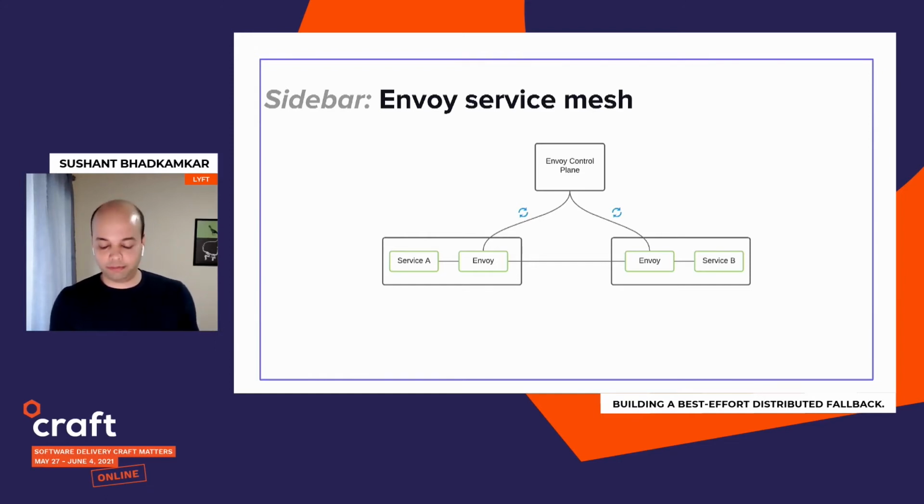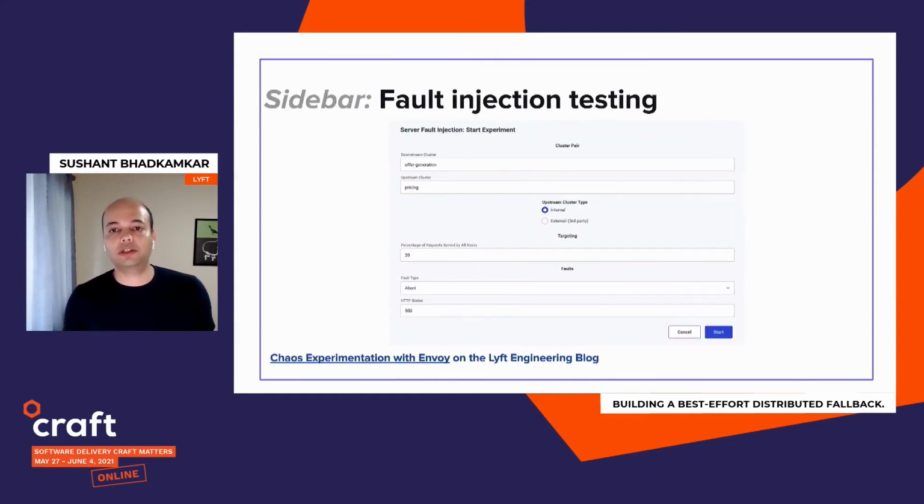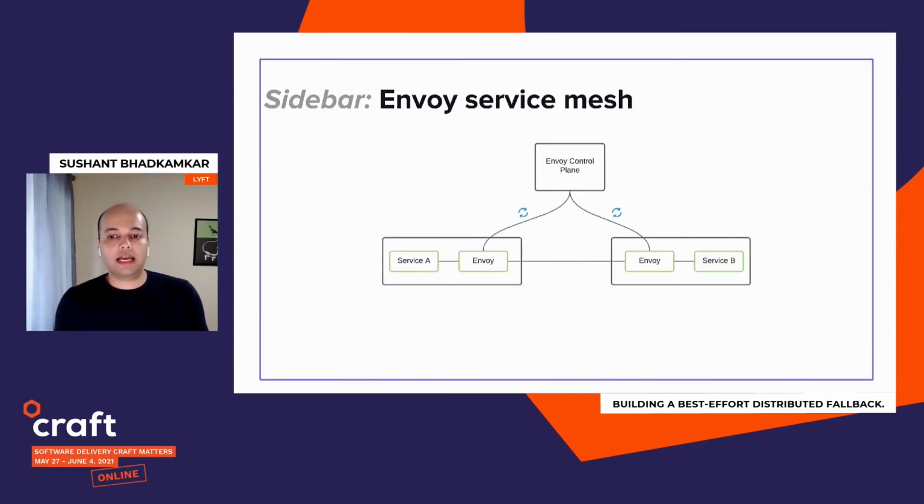So if we look back at the fault injection testing, based on the configuration that we set here, it's going to send that to the Envoy control plane. And then the control plane can send that configuration to the individual sidecar for the upstream and downstream services.